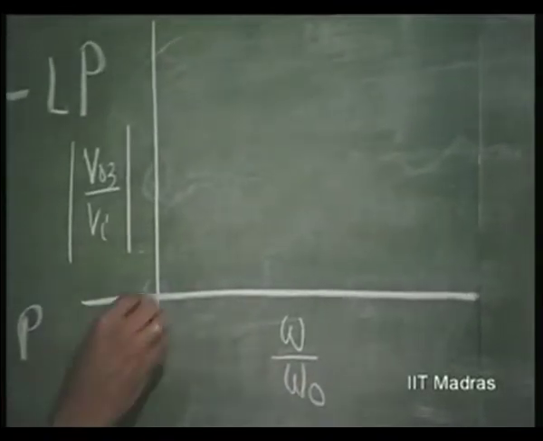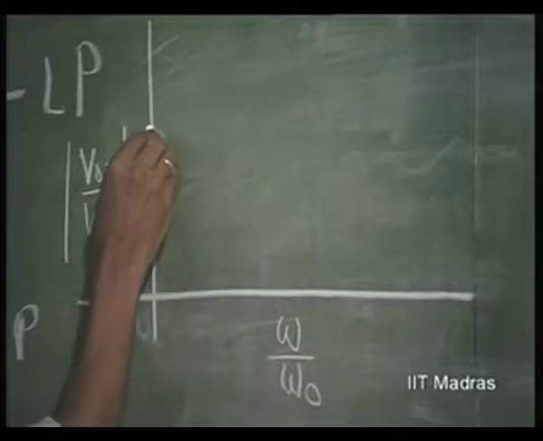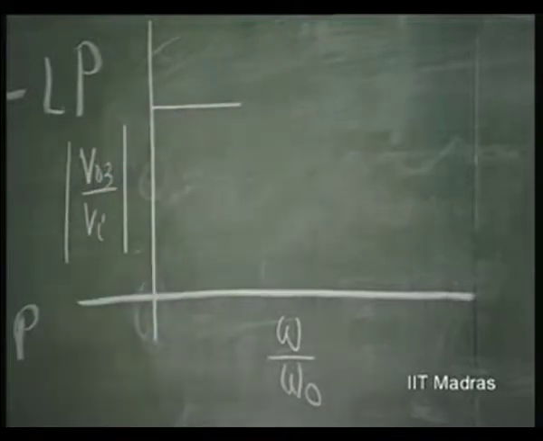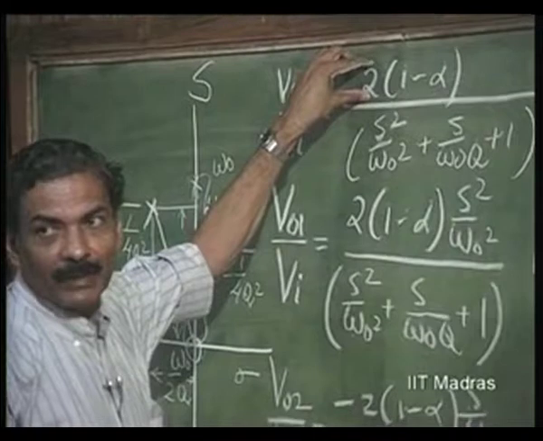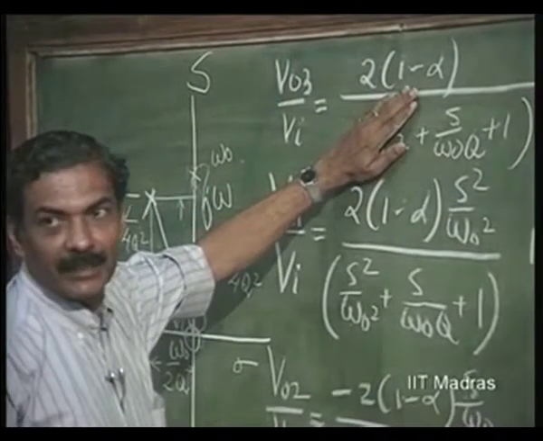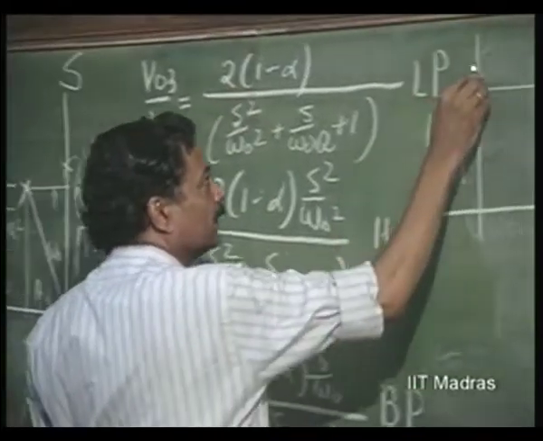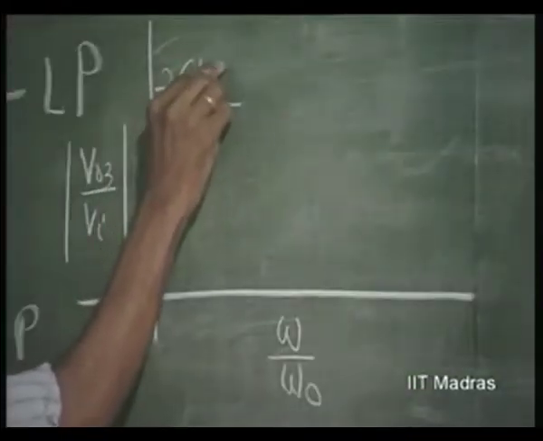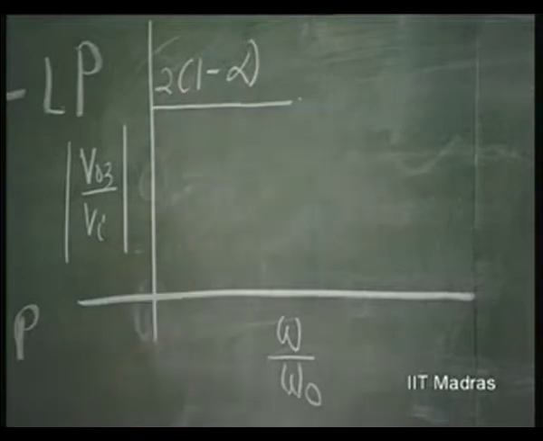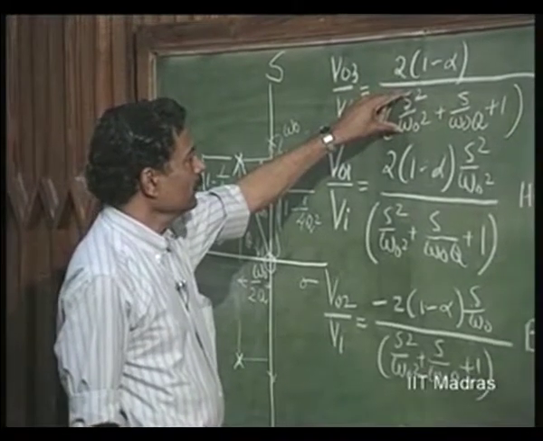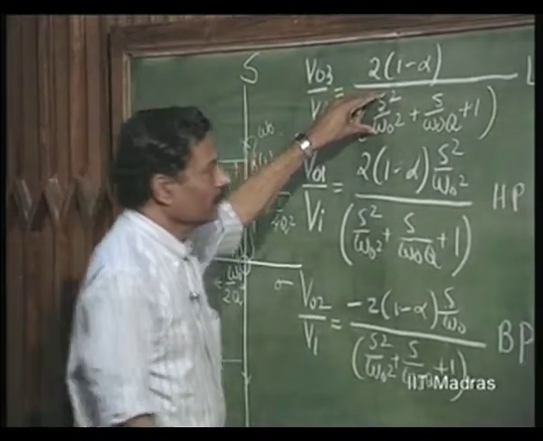You will get this. At very low frequency, it is 2 into 1 minus alpha. You can put s is equal to j omega and omega equal to 0. So, at very low frequency it is 2 into 1 minus alpha. At very high frequencies, this becomes dominant and it goes to 0.